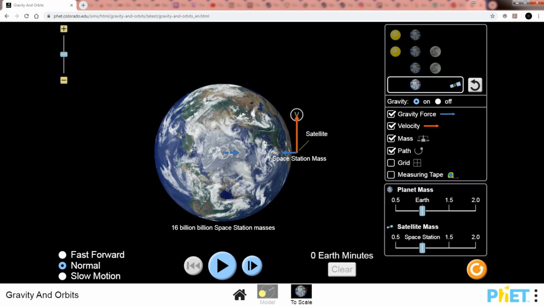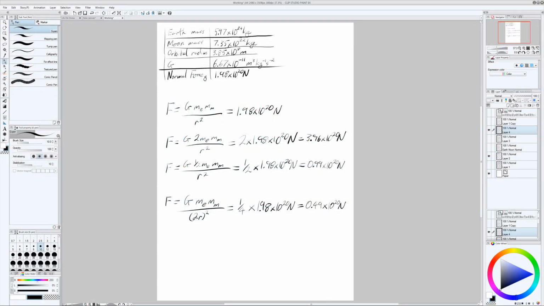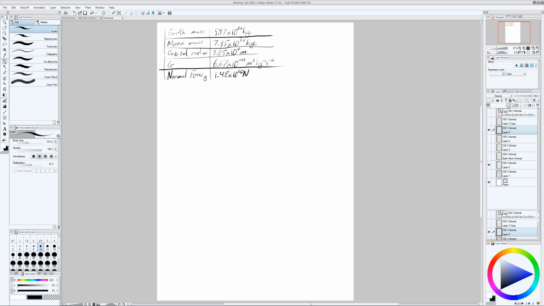So for that sake, I will just show you how that would go. Basically the equation you'd be looking at for this part is F equals mv squared over r.